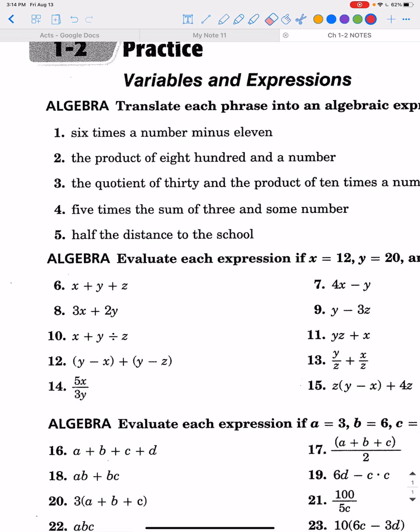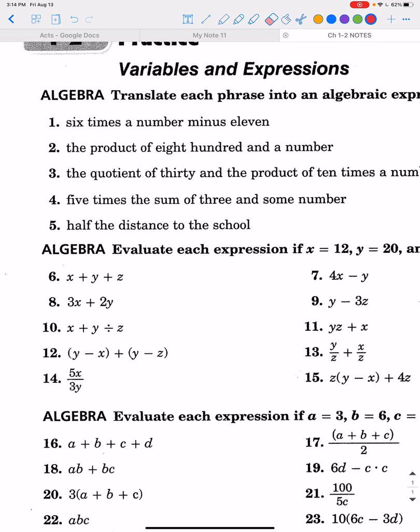So let's take a look at number 1. Again, what we need to refer back to is the box from yesterday that showed all of the keywords that represented different operations in math. So we'll look through our sentence here for number 1, 6 times a number minus 11.